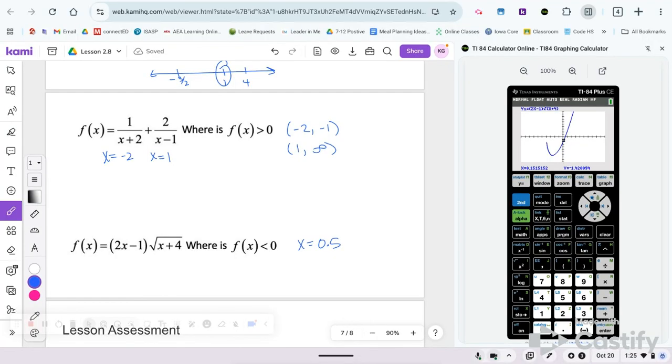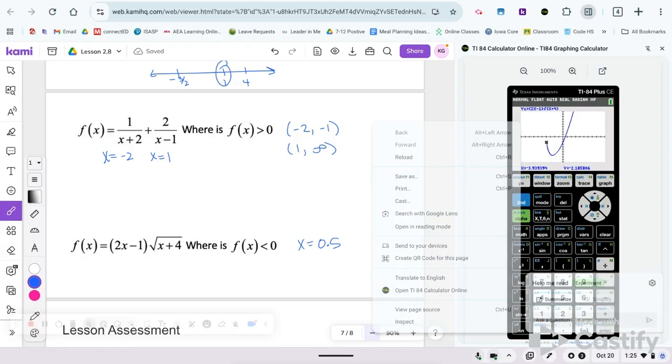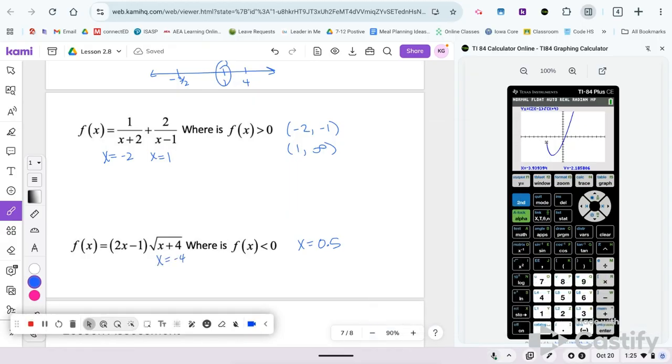And negative 4, which x cannot be here. So it looks like it is less than 0 from that negative 4 up until the half.